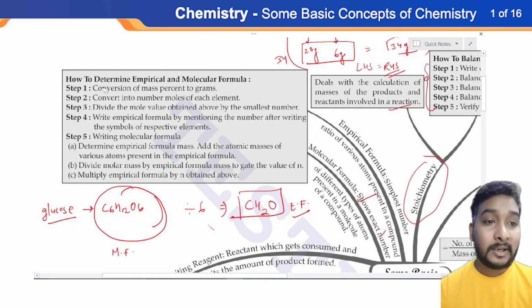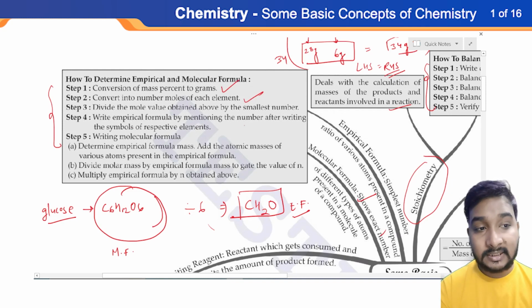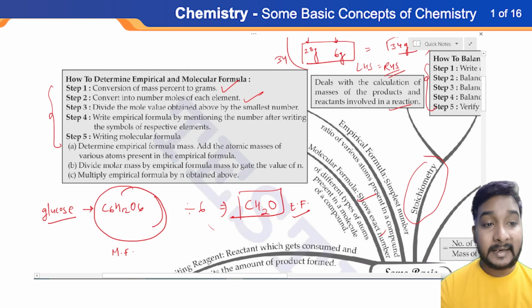Okay, now how can we determine the empirical and molecular formula? Five steps are prescribed here. Step 1, convert mass percent to gram. Then convert into number of moles of each element, and divide the mole value obtained above by the smallest number. Then write the empirical formula by mentioning the numbers after writing the symbols of the respective elements, and finally write the molecular formula. Step 5 is also categorized into 3 parts.